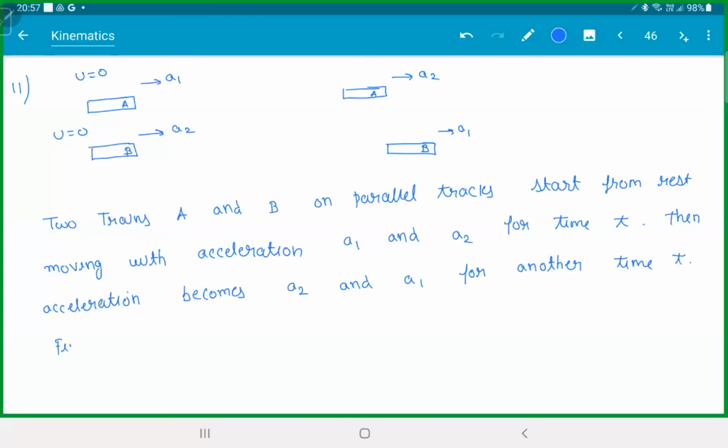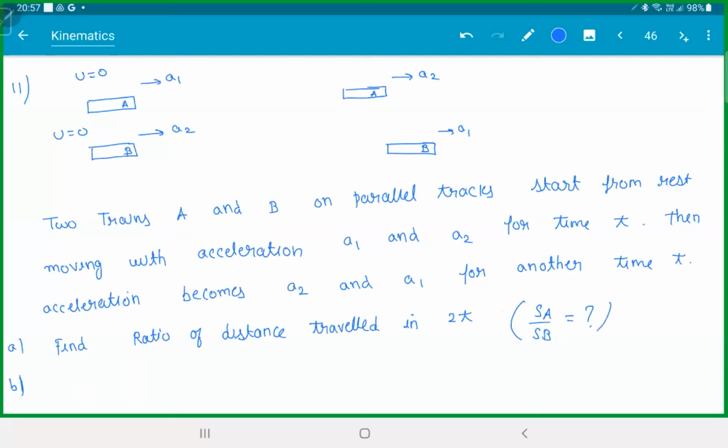Find the ratio of distance traveled in 2t, that is SA by SB. Find the range of SA by SB.